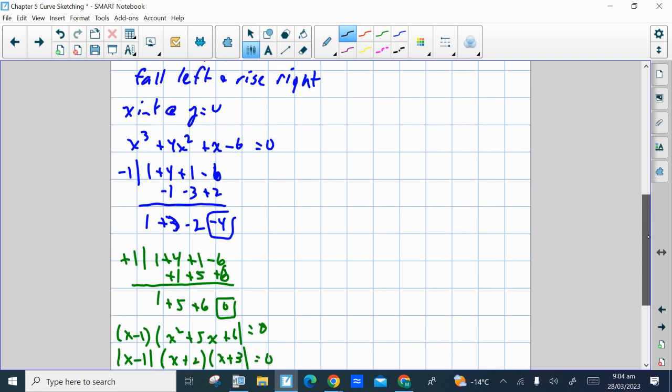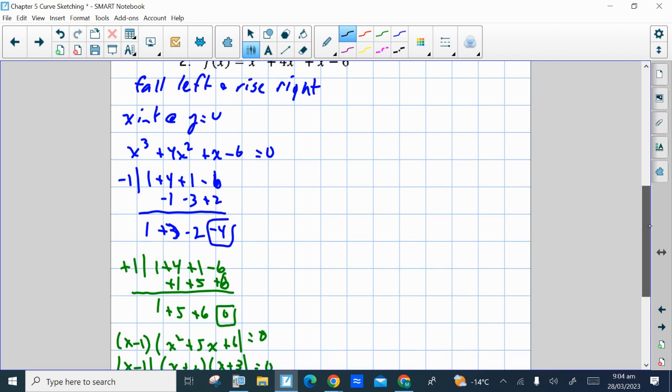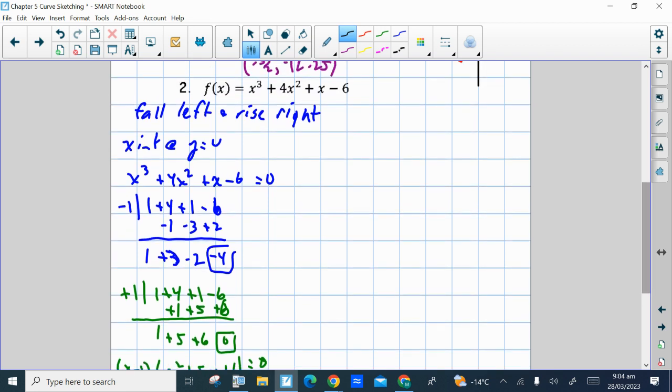So next we'll find our intervals of increase and decrease, our local max and minimums. Our max and mins are where the derivative f prime x equals 0.